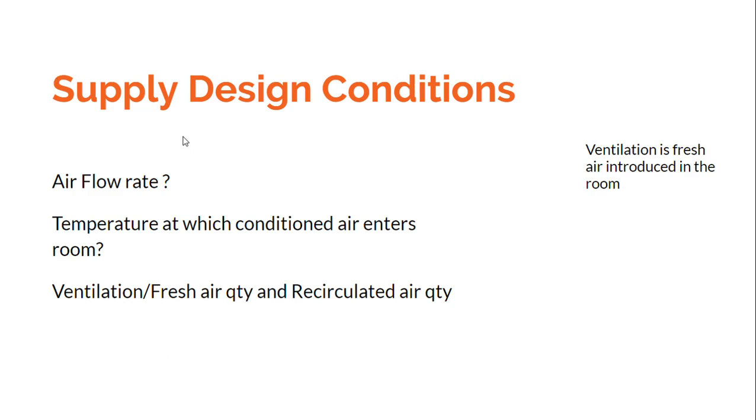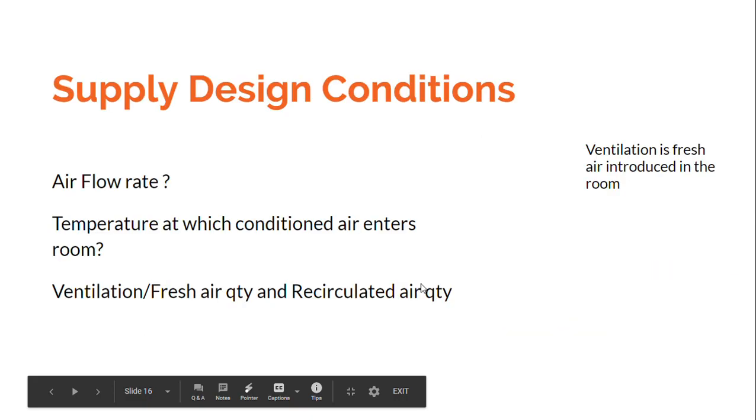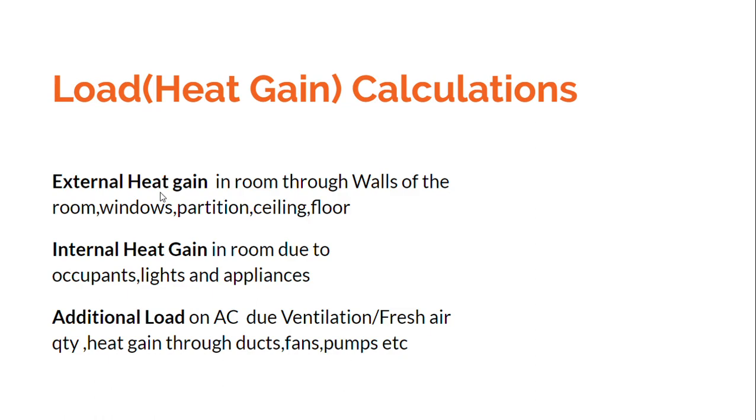So there are three things. One is the inside design condition, another is the outside design condition, and the third is the supply design condition. By supply design condition, we mean what temperature and what relative humidity one is maintaining for supply to the room, and at what flow rate we are supplying the air to the room.